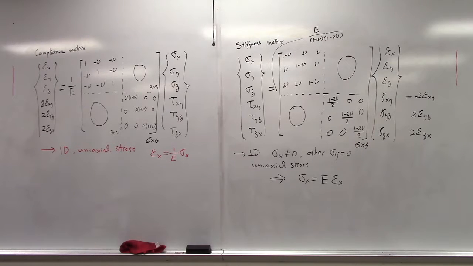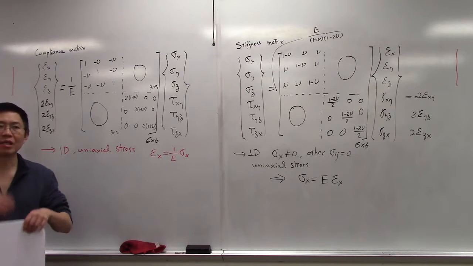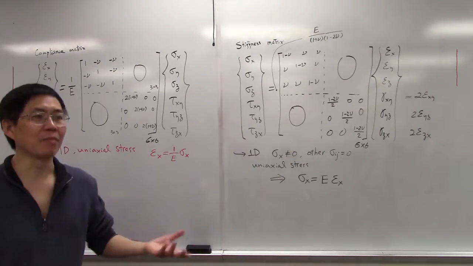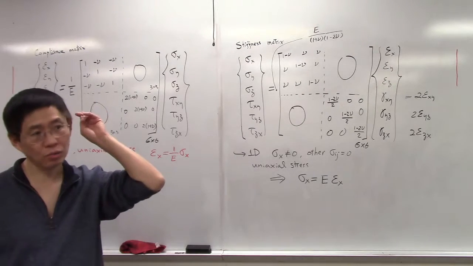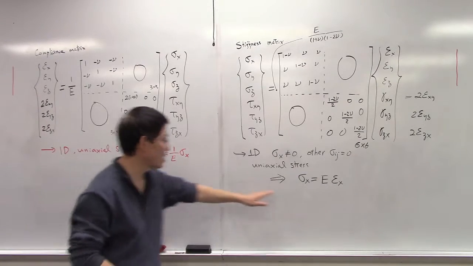What I like to emphasize is that for a 3D stress-strain relationship, it is not as simple as stress divided by modulus gives you strain. That statement applies only to the uniaxial stress case, like this and that.